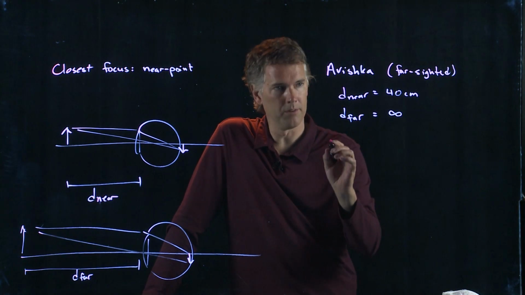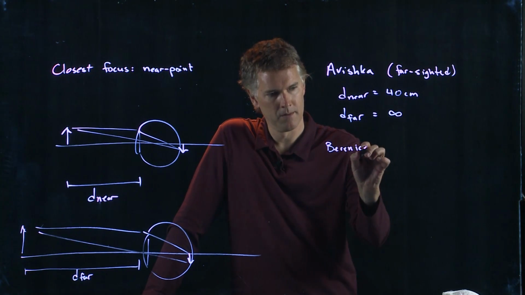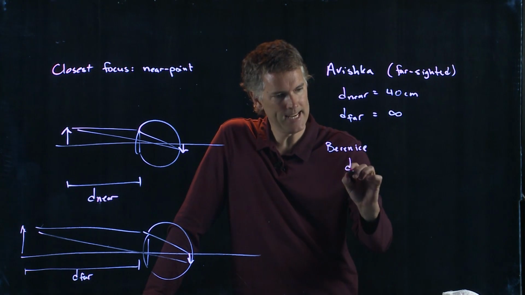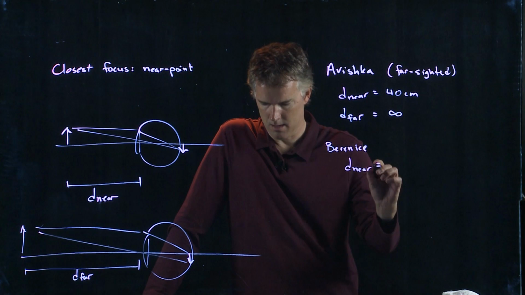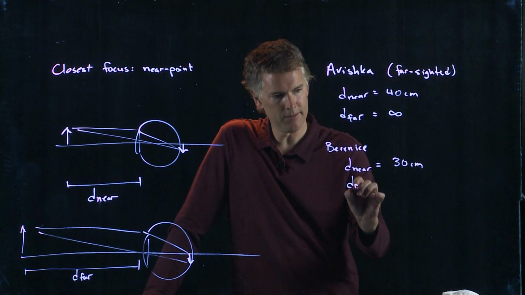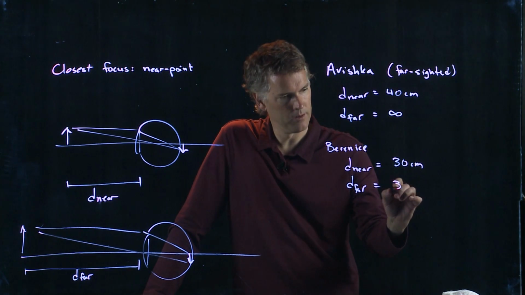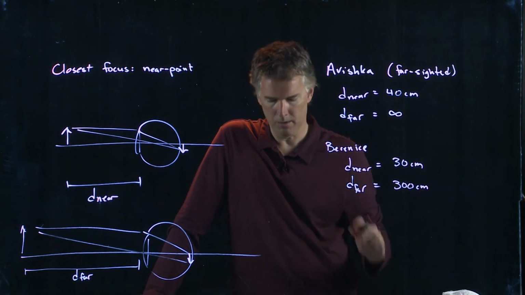Okay, the next person, Bernice, has a D near of 30 centimeters and a D far of 300 centimeters.